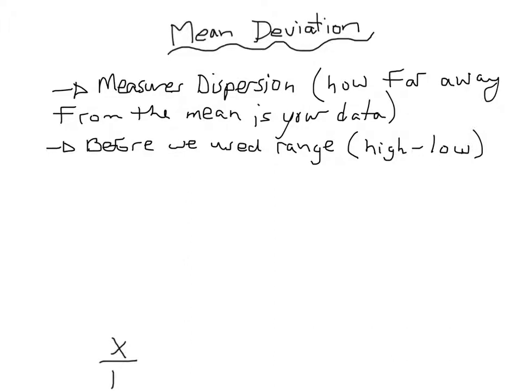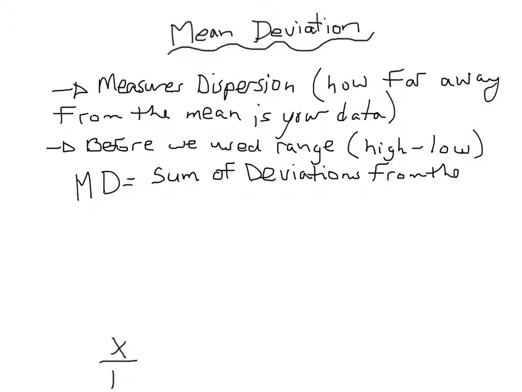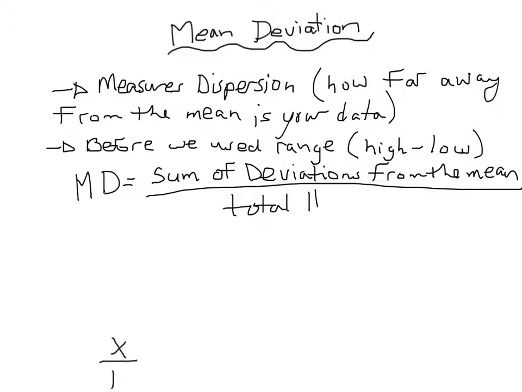Okay, so the formula for mean deviation, there's two of them. Choose the pen. So mean deviation is equal to, alright, the first one is just written in letters. So it's sum of deviations from the mean divided by total number of values.